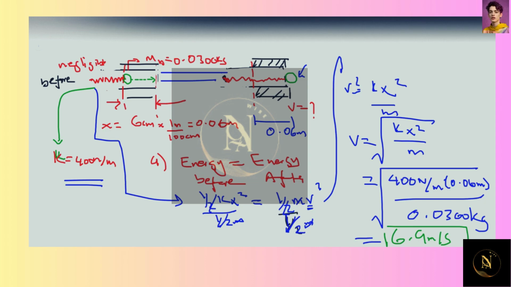Square root of 400 times this one, which is squared, so we don't forget that: 0.06 squared divided by 0.03.